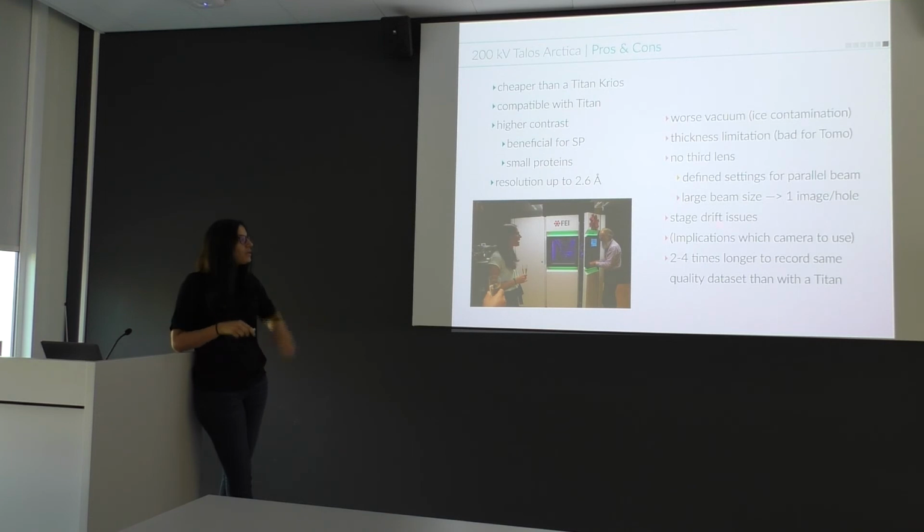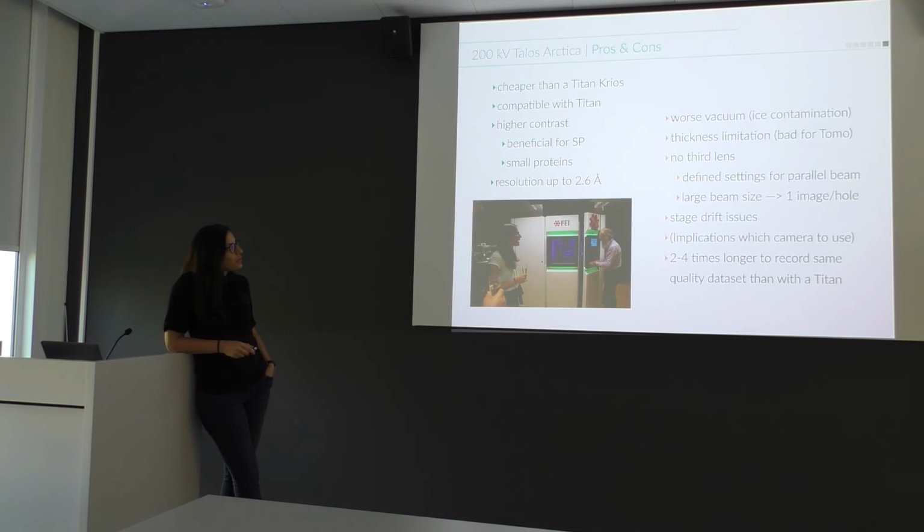But I put this in brackets because the last time we spoke to Thermo Fisher, apparently for the Falcon 3 they are tackling this problem. It's implemented in the hardware, where they integrate in between the frames so that they can actually correct for this stage drift. So it seems to be fine, but all these implications you have to consider.